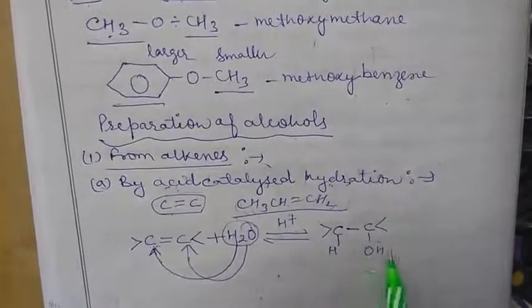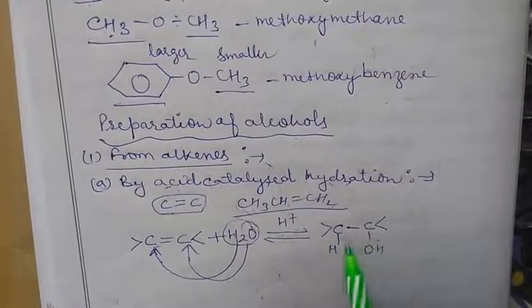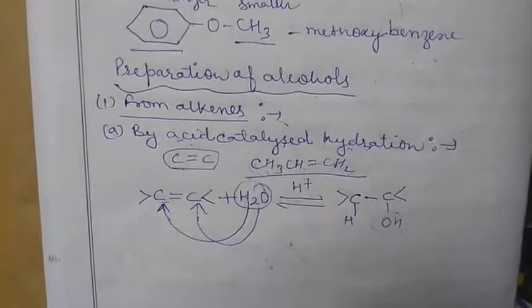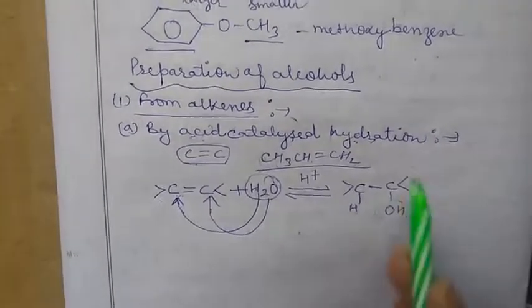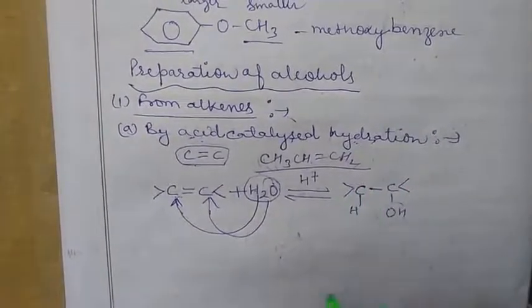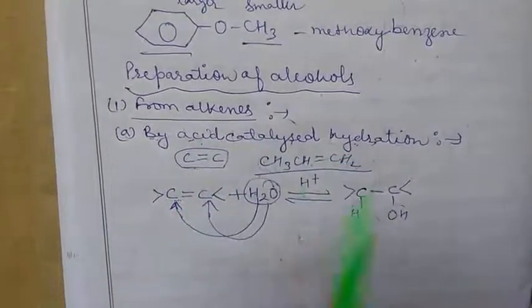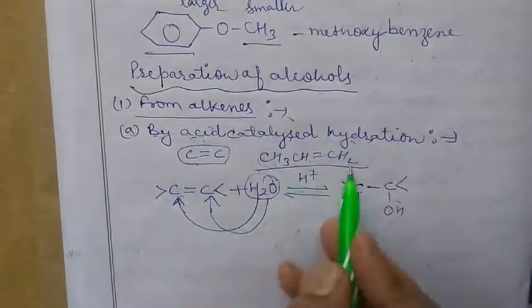So in the hydrocarbon chain we have the alcoholic group, that's why it is known as alcohol. This is the first method for the preparation of alcohol, and this method is known as acid catalyzed hydration.